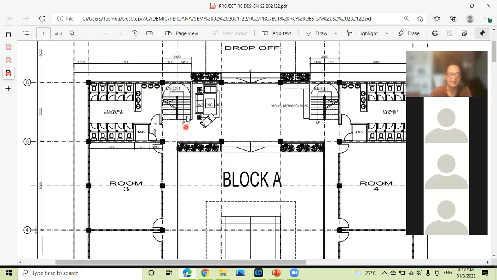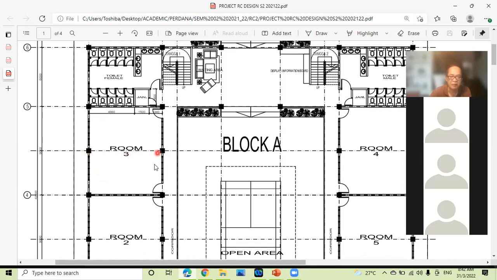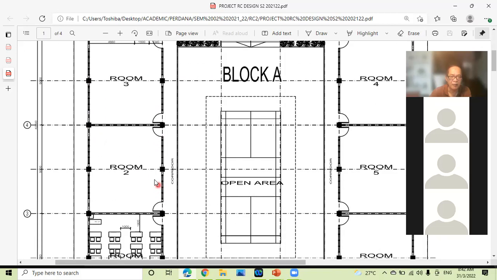But in this particular case, we see that the architectural drawing has clearly indicated these black squares. This clearly indicates the position of columns that the architect wishes the structural engineer to use, to locate the columns as per the architectural drawing.